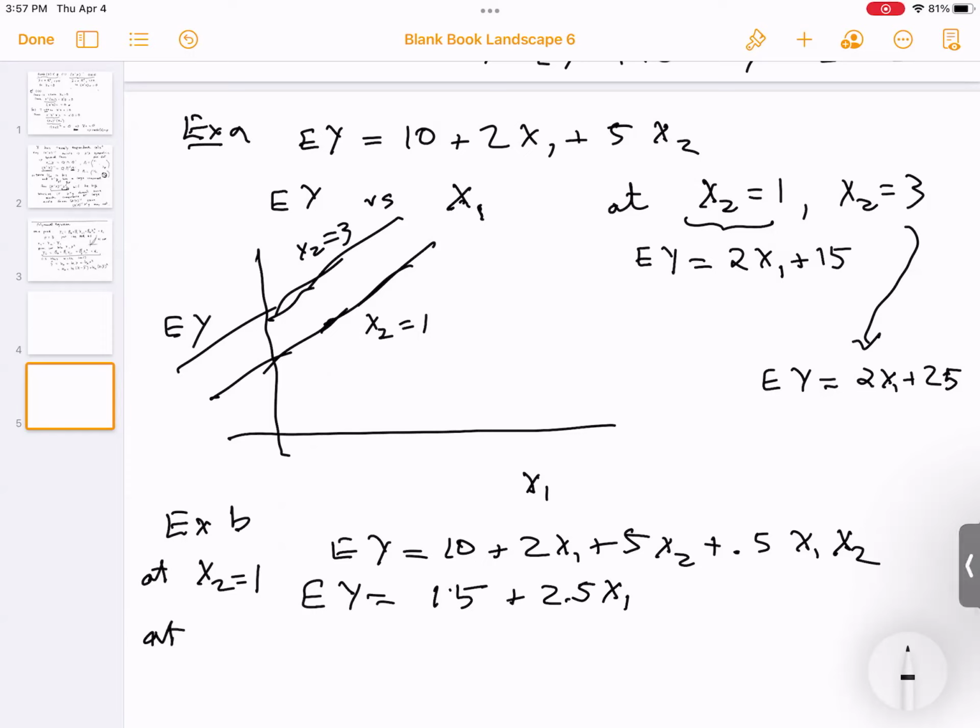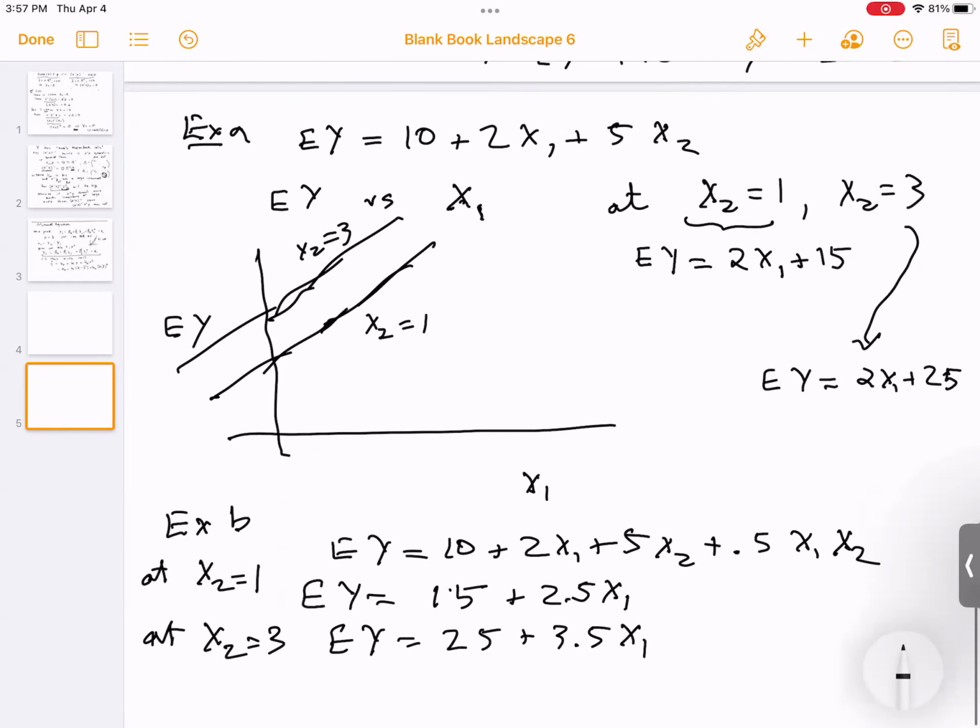And then at x2 equals 3, E(Y) equals 25 plus now 3.5 x1. So the slope changes too.